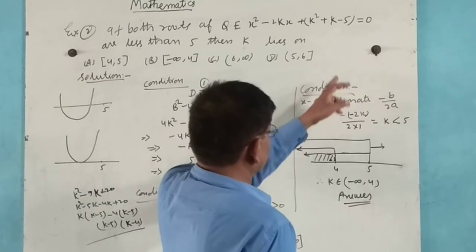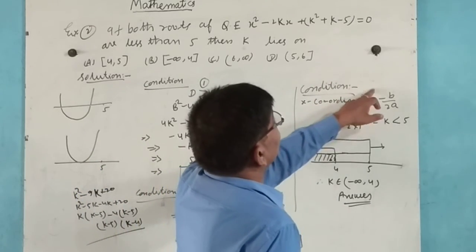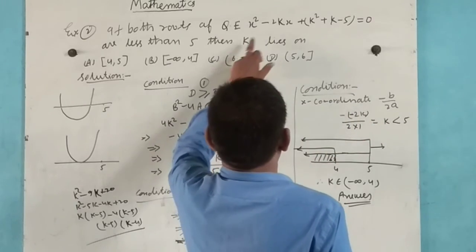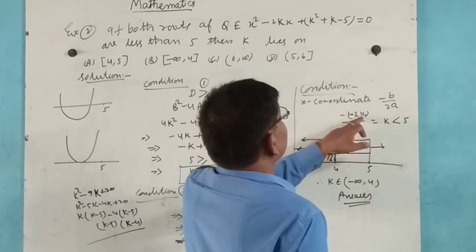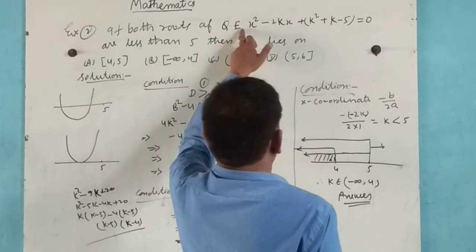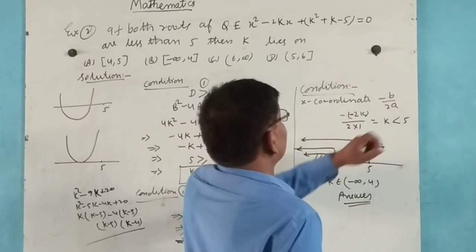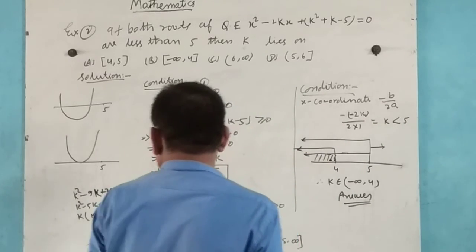Third condition, x coordinate of vertex is minus b by 2a, minus b means here b equal to minus 2k, put this and 2 into a equal to 1, this and this can be cancelled, k less than or equal to 5, so that we plot these points.